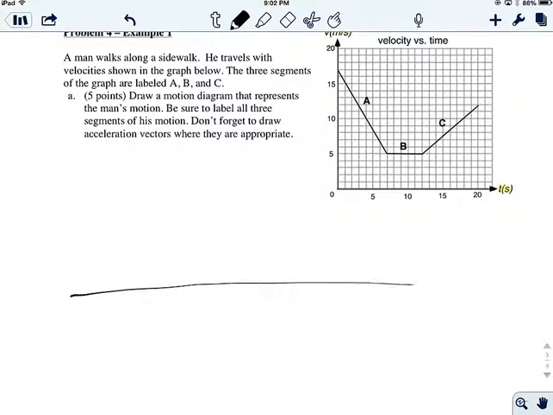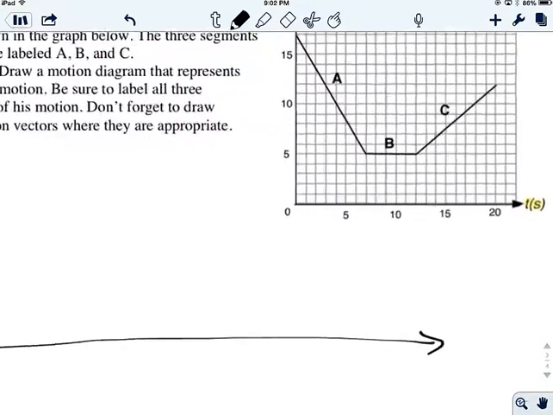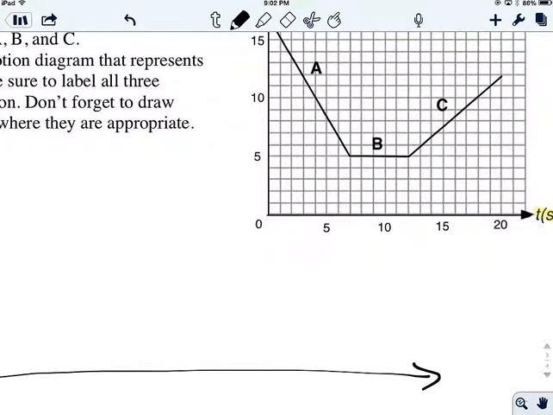let's make our line for our motion diagram. Now we're going to have three different segments of this. So the first segment is 7 seconds.